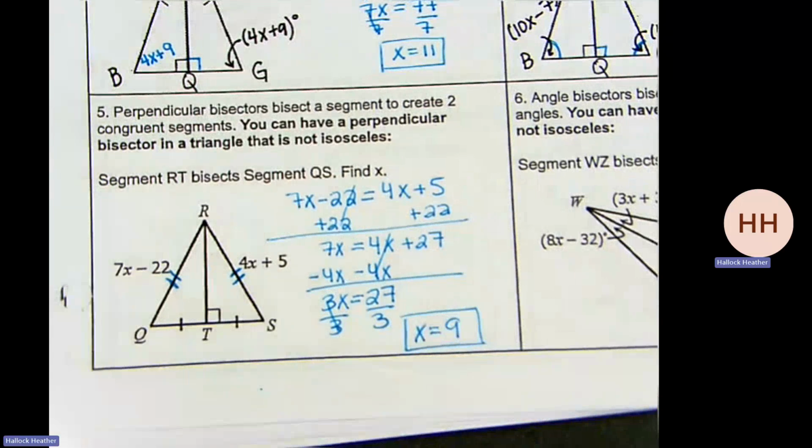And then look at your picture for the last one and try to figure out, would I add to make 180 or should I set them equal to each other?